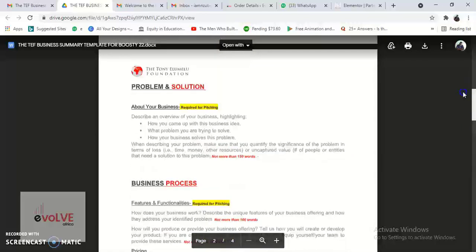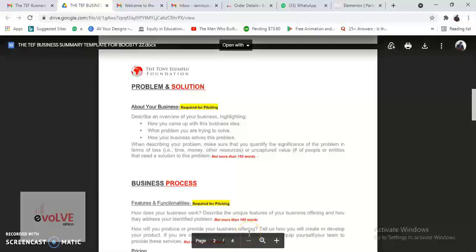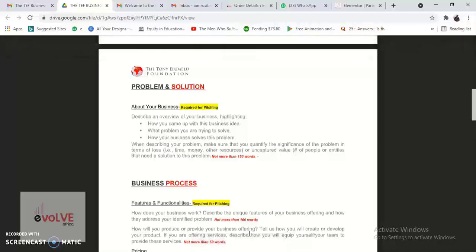So the first thing we have here is problem and solution. The foundation has made it very simple by just highlighting all of the things that you need to talk about in every section. And it's so short, you have to find a way to put all of these things here in 250 words.